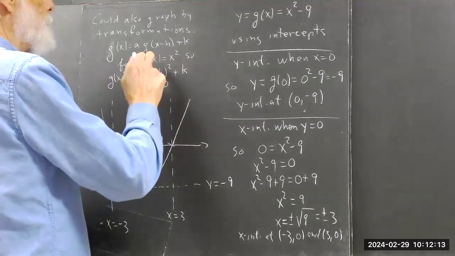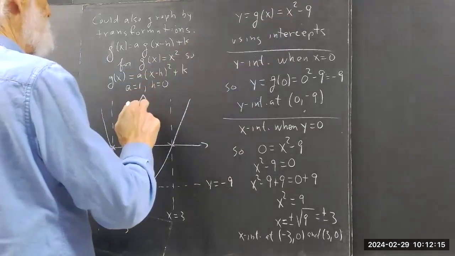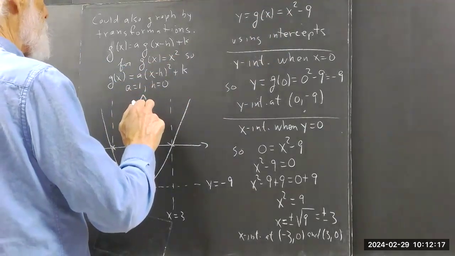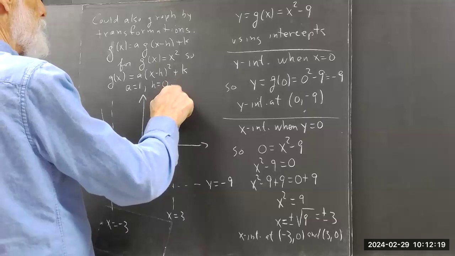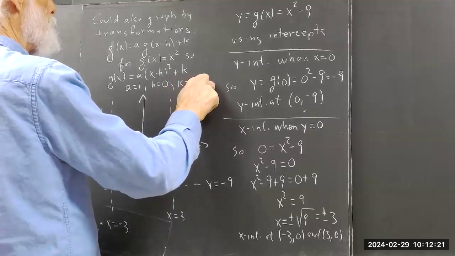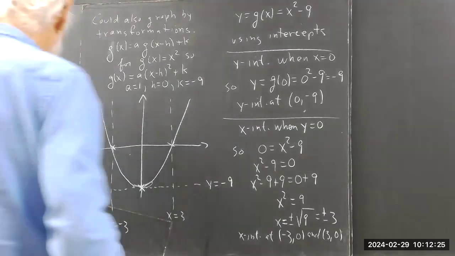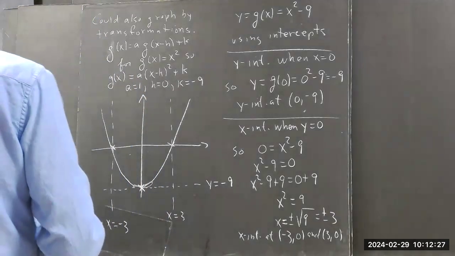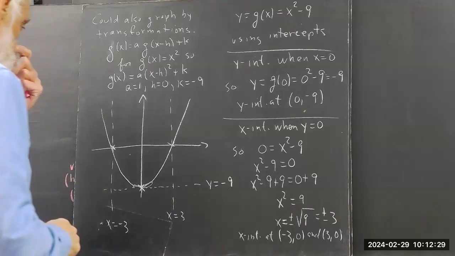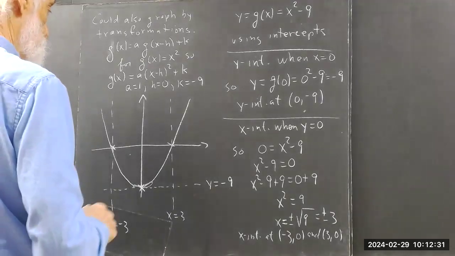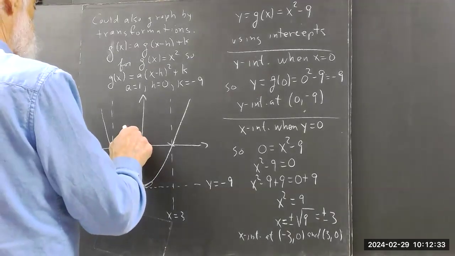It's just plain old x squared. And k equals -9. This means we take our y equals x squared function, which would look something like this.